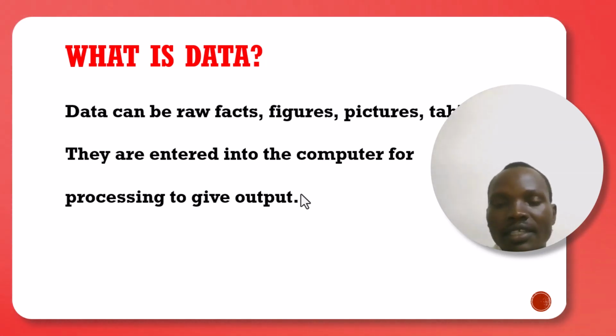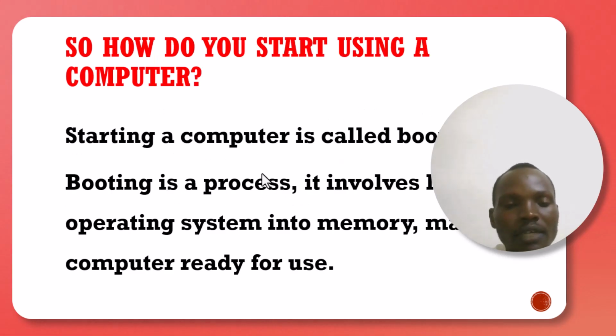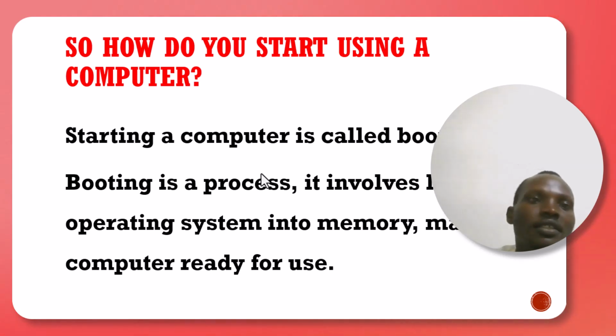Data can be pictures, a series of words, tables, and so forth. Data always has to first be entered into the computer, and this data is processed by the computer to give what is called an output. This output can then be used or analyzed by the person who is using the computer.